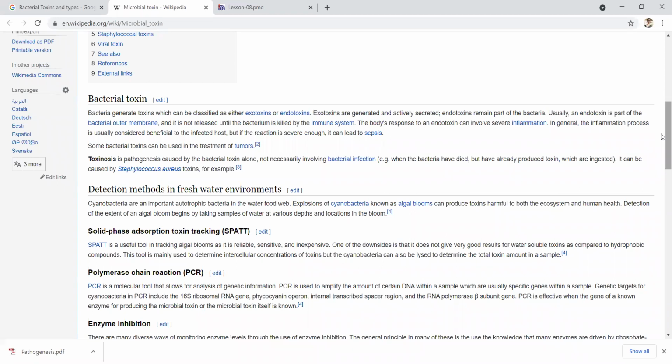Usually an endotoxin is part of the bacterial outer membrane. So endotoxin is most of the time present in the bacterial outer membrane, and it is not released until the bacterium is killed by the immune system. A bacterium carrying an endotoxin entering a body and being killed by the immune system is not a healthy sign, because it becomes more dangerous, as after their death they release toxin.